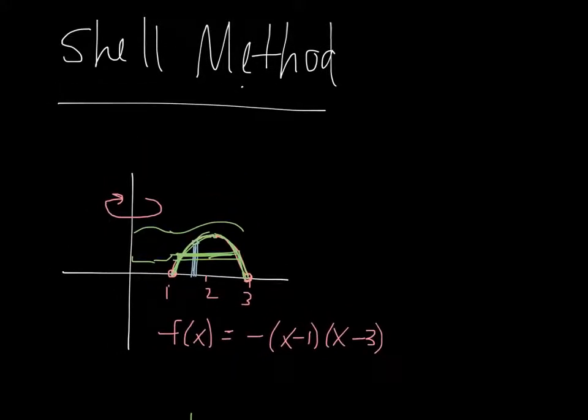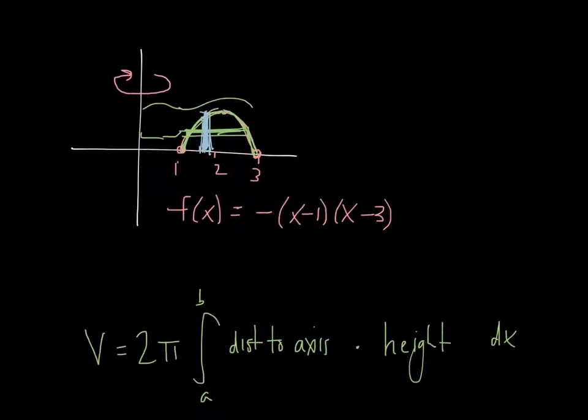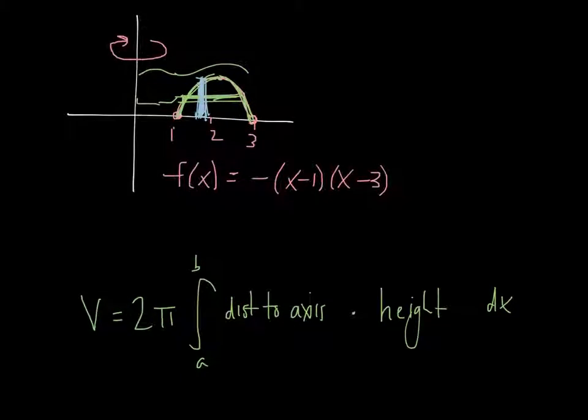Okay, so I was hoping I could erase that. But what we're going to do is we're going to keep things in terms of x. And so if you have a rectangle right here, what the shell method does is it says that the formula anyways is 2 pi times the integral from a to b, the distance to the axis.